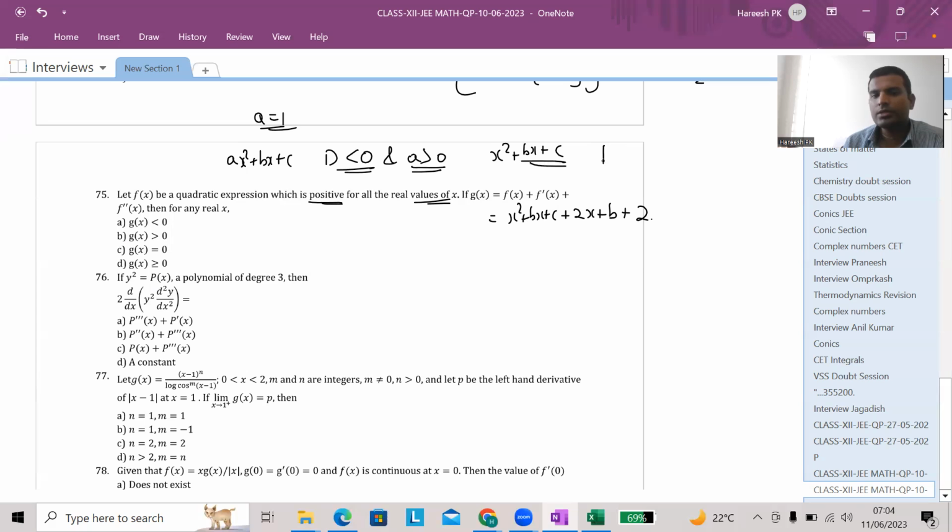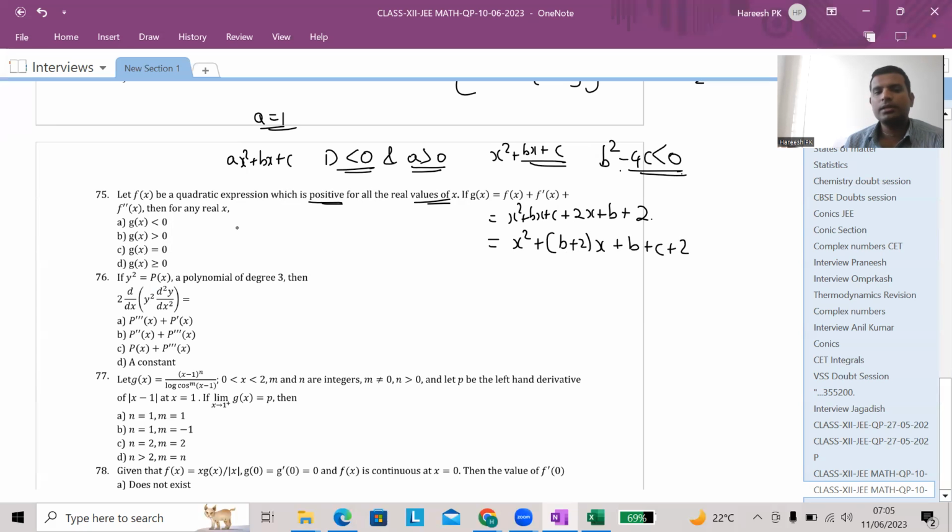We know that b square minus 4c is less than 0. Now using that condition, let us try to analyze this. So I can rewrite this as x square plus b plus 2x, plus b plus c plus 2.